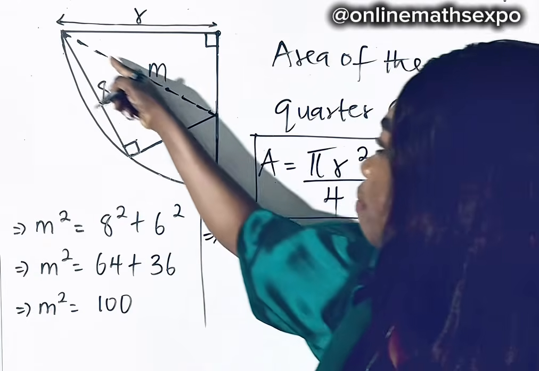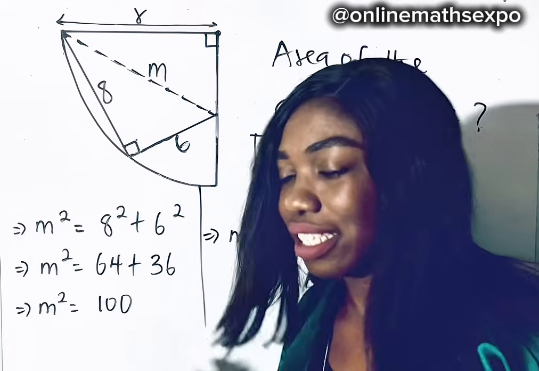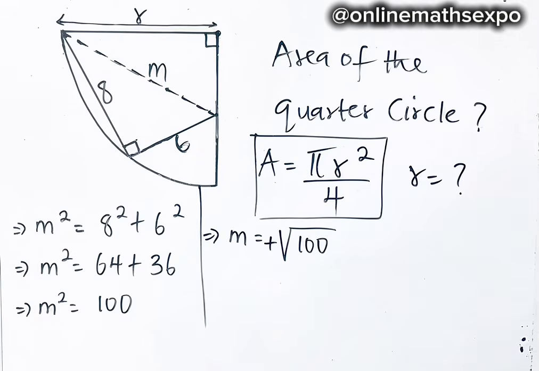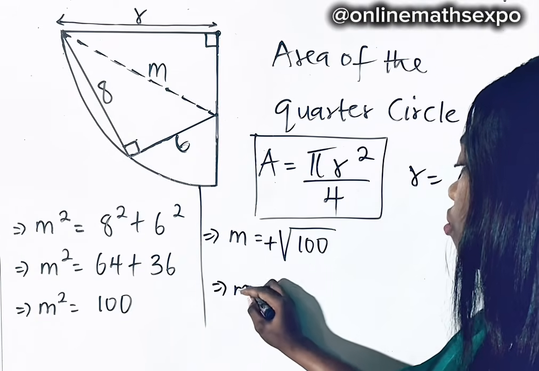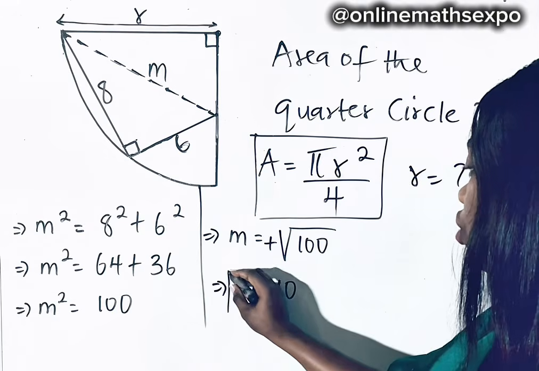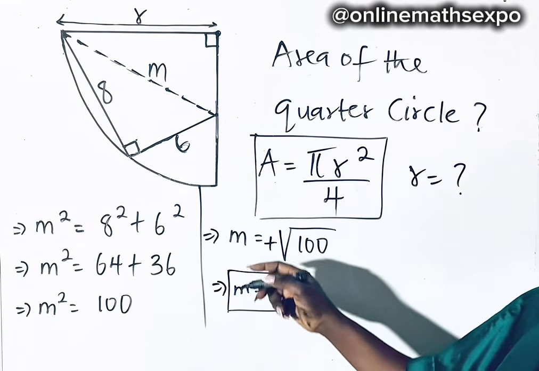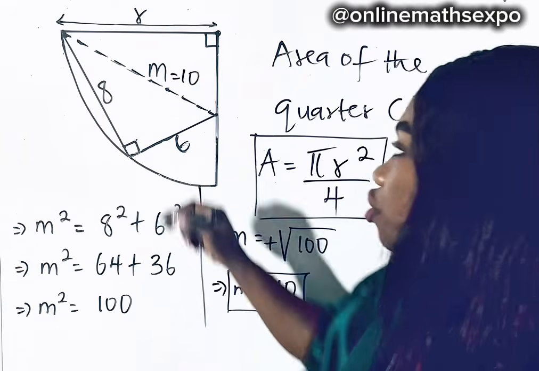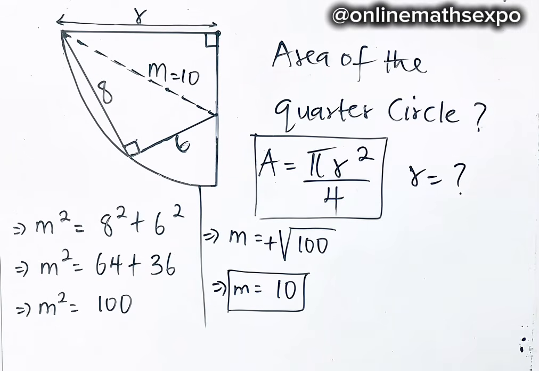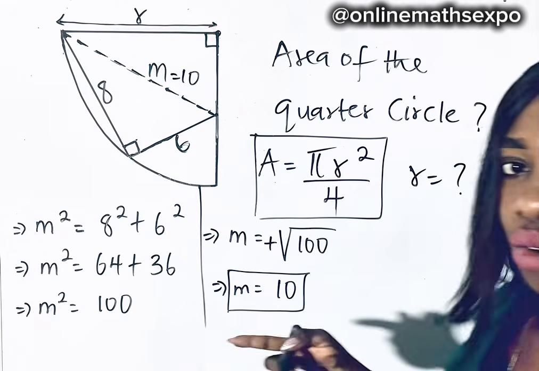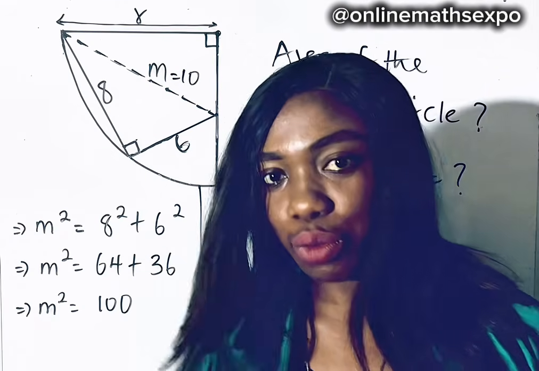But because m is a side length and can't be negative, we remove the negative value and work with the positive. So m is the square root of 100, which gives 10. So from here down to this is 10 units. Our target is to find this radius. Let me show you what to do next.